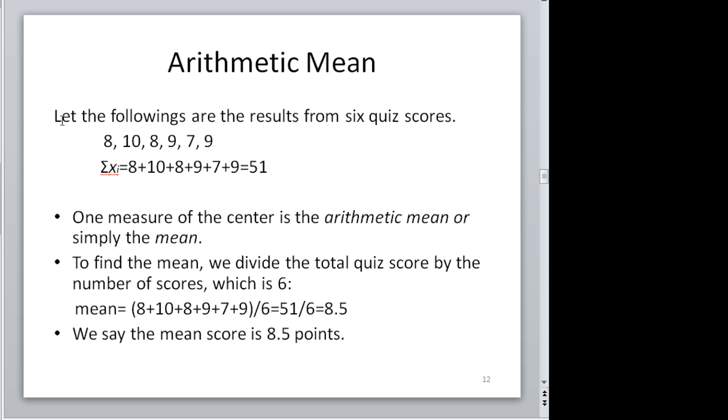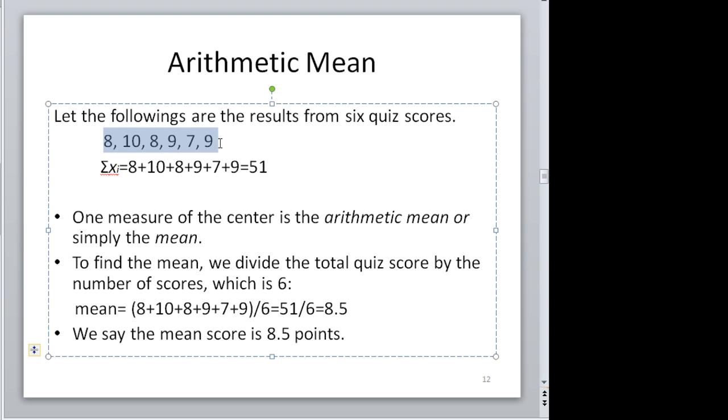So, just a quick, simple example. Let's say these 6 numbers represent the results from 6 different quizzes. In the first quiz you got 8, in the second quiz you got 10, the next one is 8, and so forth. If you add all that, it becomes 51.